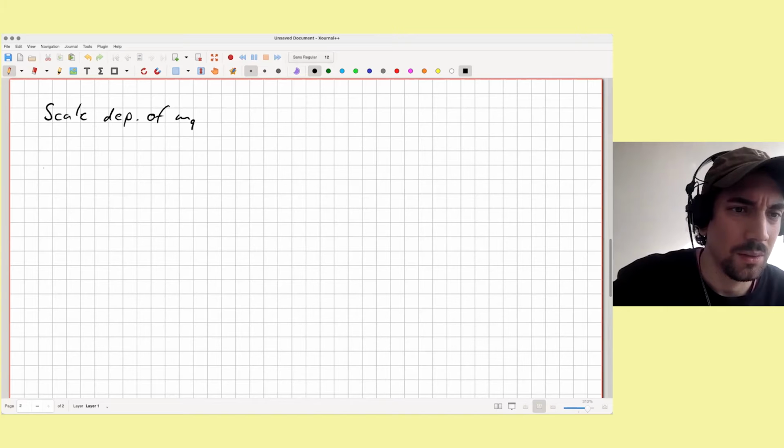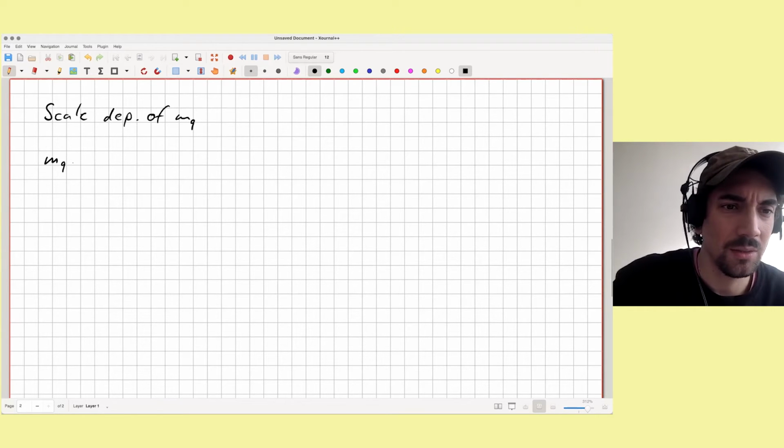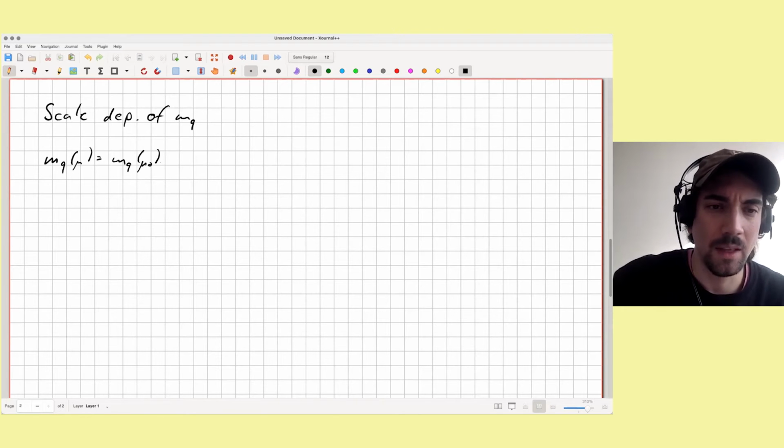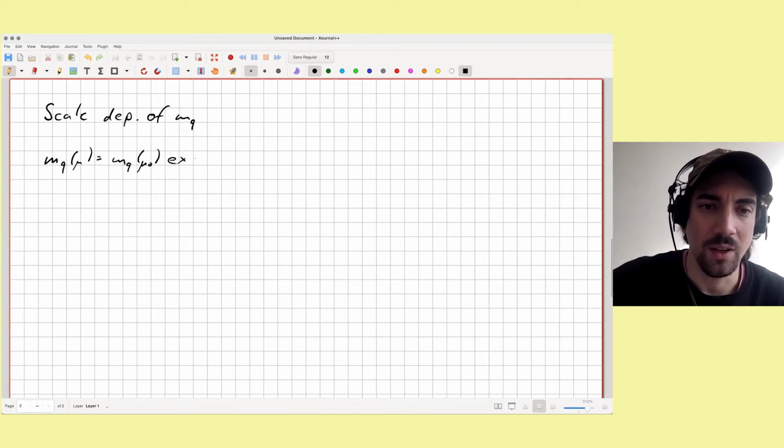And so the equation for this that was derived in the lecture: given the quark mass at a certain scale, we can get it at any other scale if we just evaluate this expression here.